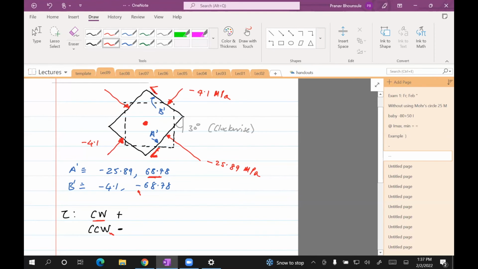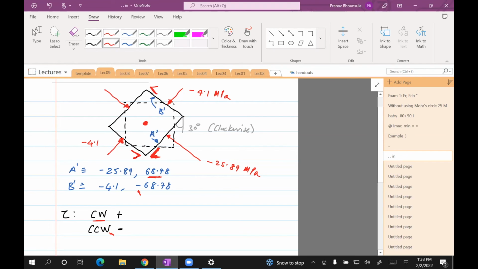Okay, and then we need to draw the stresses for the other two faces, and that basically follows from what is known as complementary shear, which says that if the stress on this corner is tending to rotate this element in the clockwise direction as shown, then on the adjacent face it will be counterclockwise.